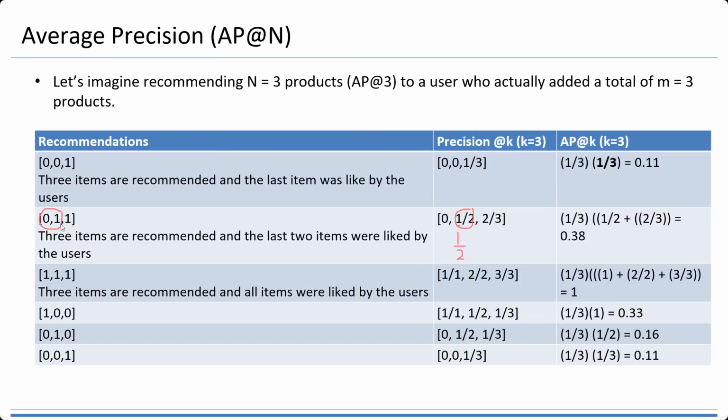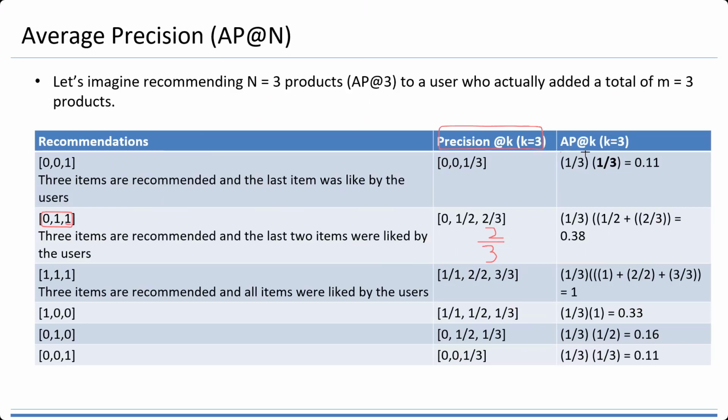Next, we go to item three. Item three also has been liked by the user. Then among the three items, there are two items that have been liked. So we call this the precision at K.